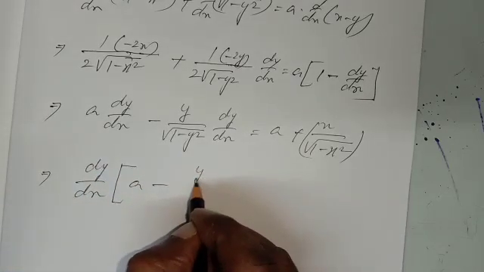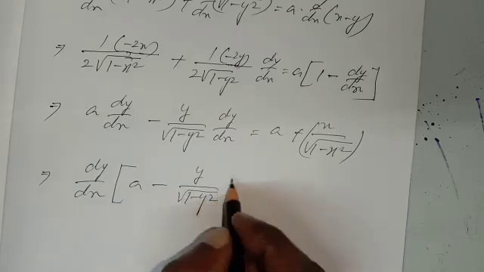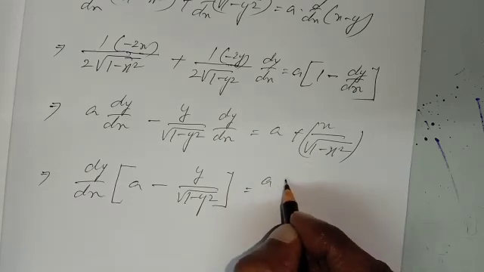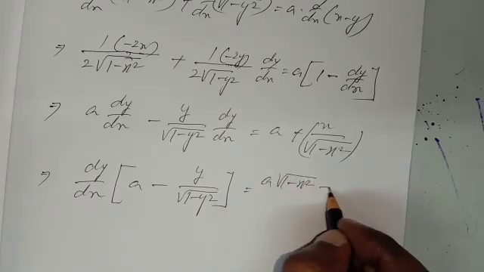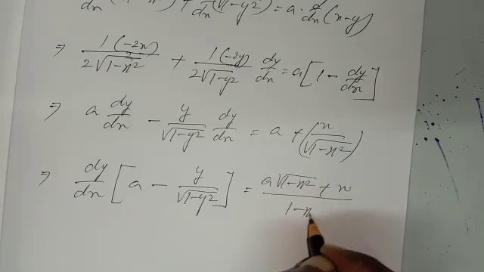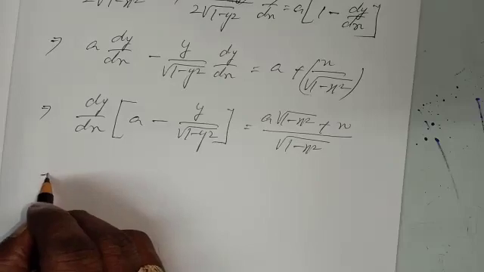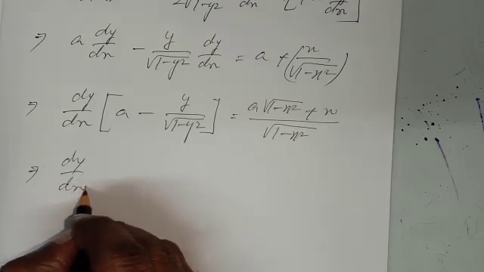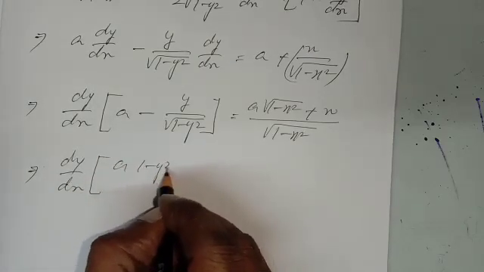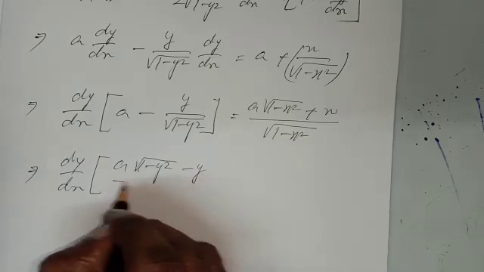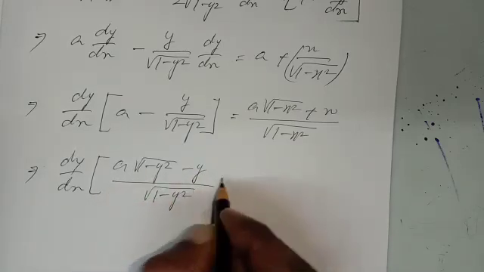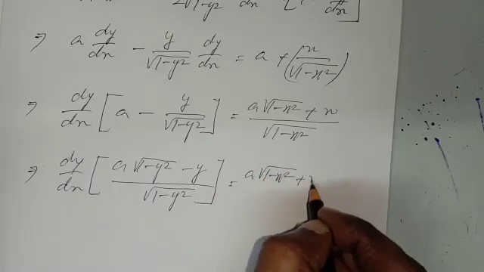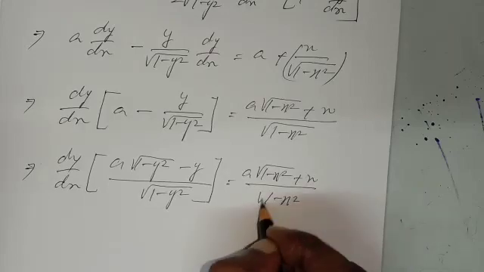A minus y by square root of 1 minus y squared is equal to, this will be a into square root of 1 minus x squared plus x by square root of 1 minus x squared. It is also the same thing, this will be taking LCM. dy/dx into a into square root of 1 minus y squared minus y by square root of 1 minus y squared, a whole into square root of 1 minus x squared plus x by square root of 1 minus x squared.